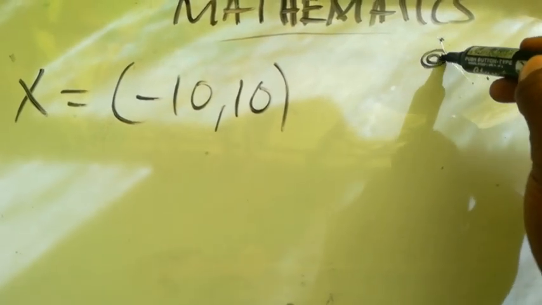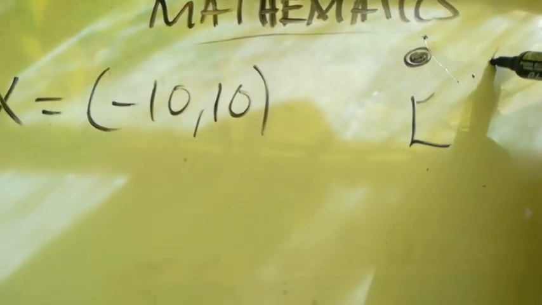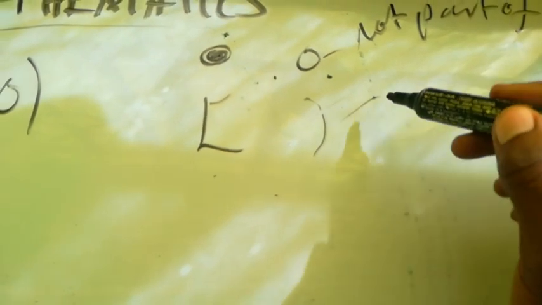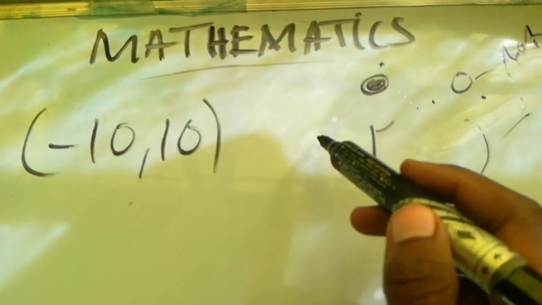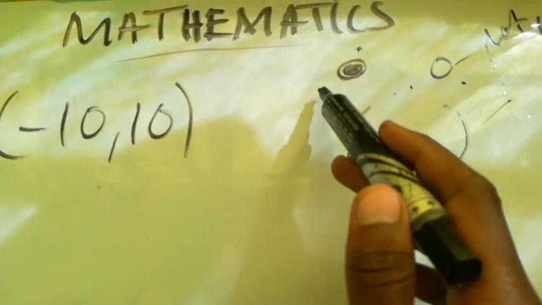So I have something like this and this. Now these two here mean not part of, or not included. That's what these two mean. And the other side means included or part of.